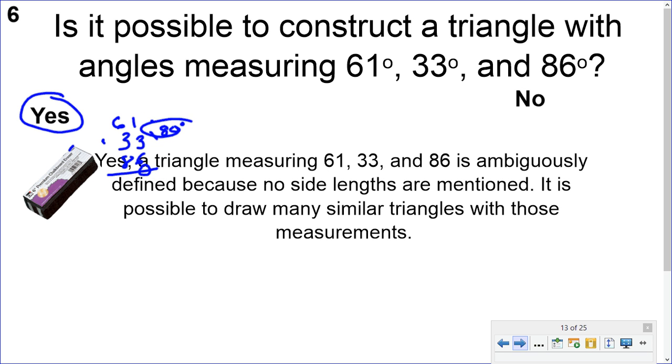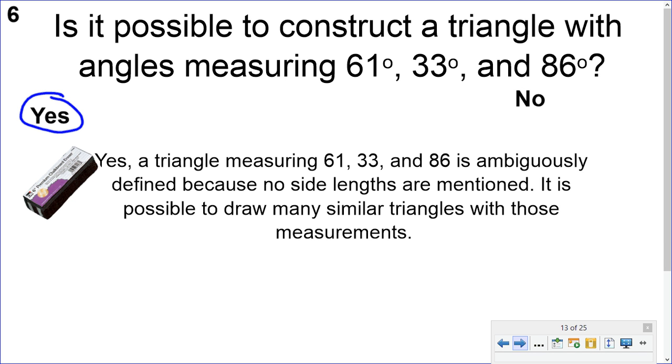Alright. So yes, a triangle measuring 61, 33, and 86 is ambiguously defined because no side lengths are mentioned.